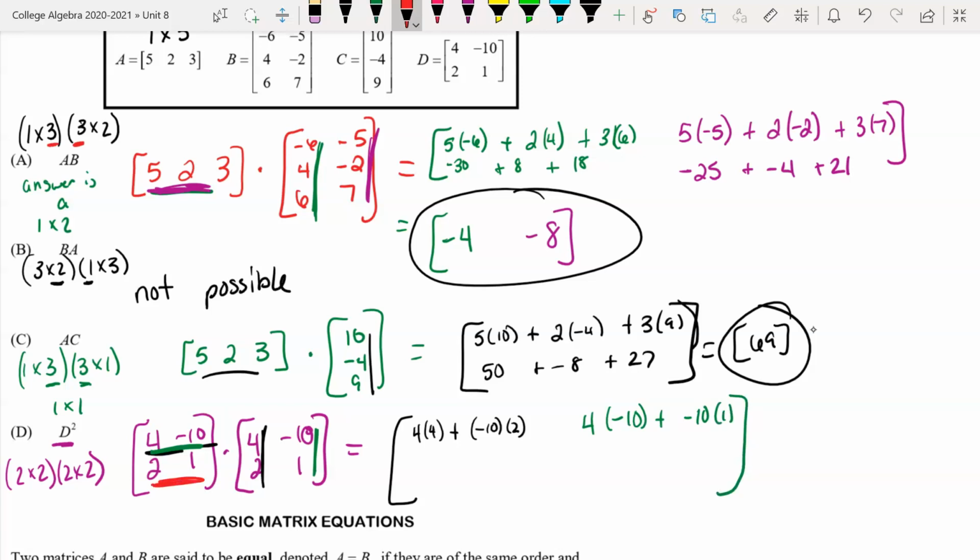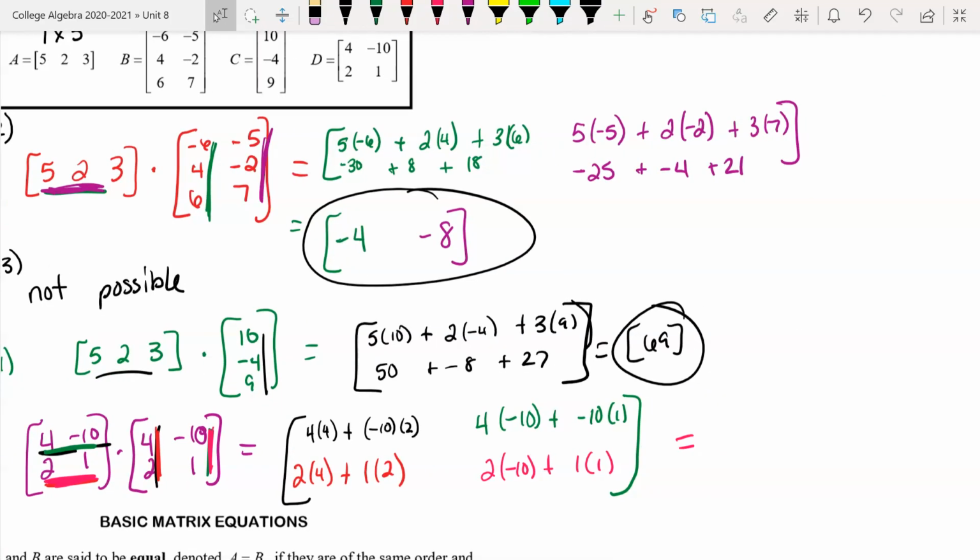Now I take the second row times the first column. 2 times 4 plus 1 times 2. And then lastly, you take second row times second column. So 2 times negative 10 plus 1 times 1. So when you do all that and you add it together, you should get negative 4, 10, negative 50, and negative 19.